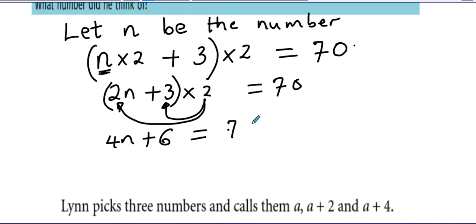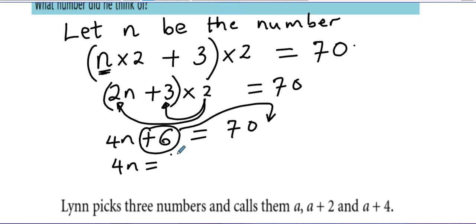That equals to 70. Now take this positive 6, shift it here on the right hand side. So this will be 4n equals 70 minus 6, that will be equal to 64.